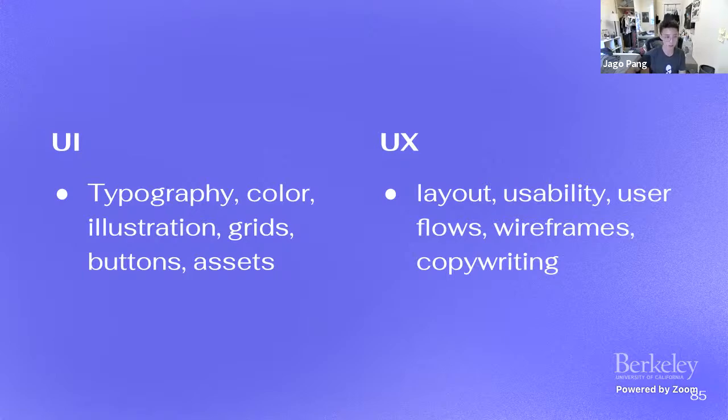So thinking about how a certain page or action leads to another, what that experience looks like. Wireframes, which are sketches of what a screen might look like, and then copywriting. Copywriting is more on the UX side because you're interacting with text that tells you what to do, so you have to consider it part of the experience.